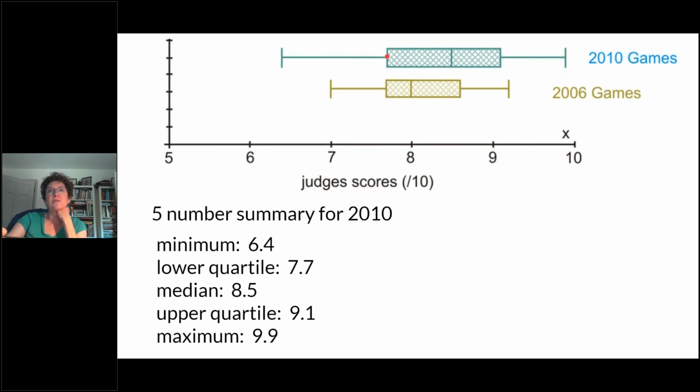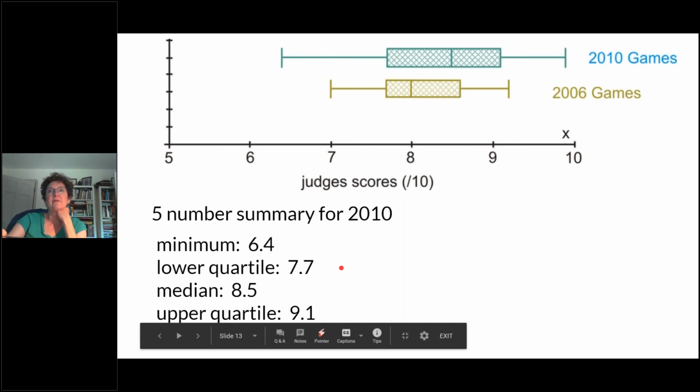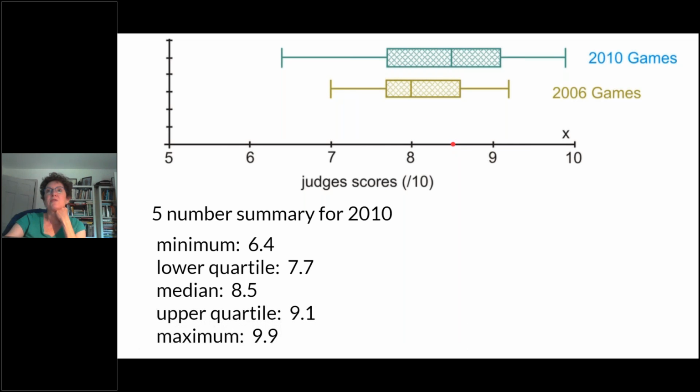The lower quartile matches that of 2006, 7.7. The median, halfway between 8 and 9, so 8.5. The upper quartile just past 9, so 9.1, and the maximum not quite at 10, 9.9.